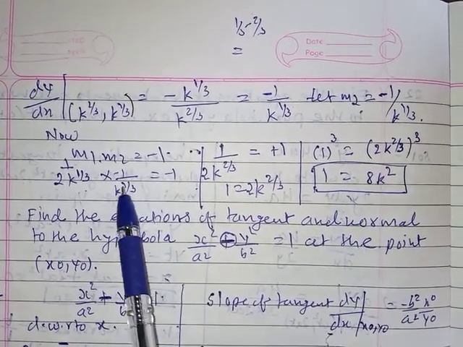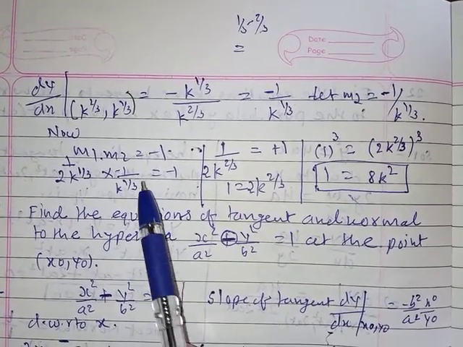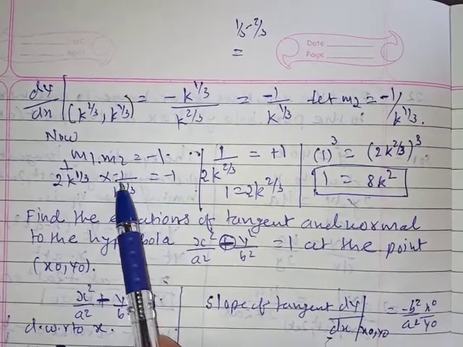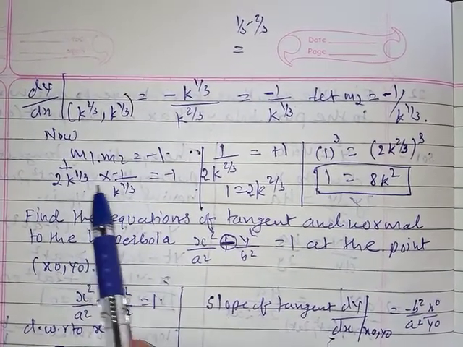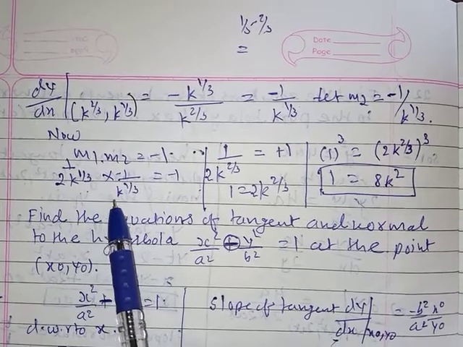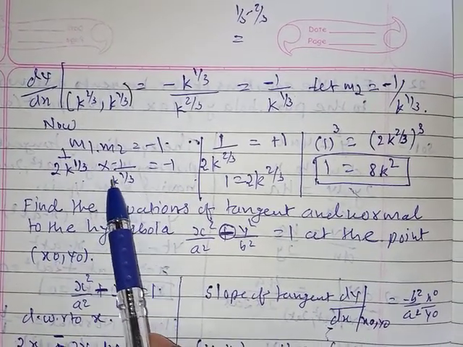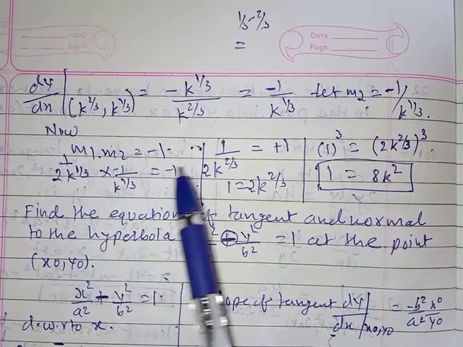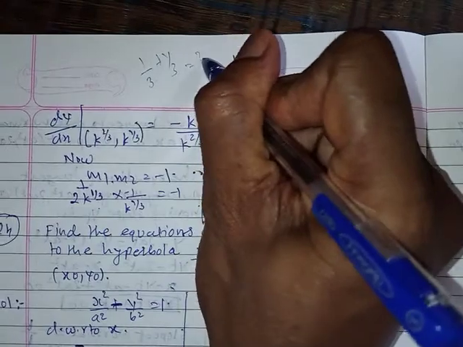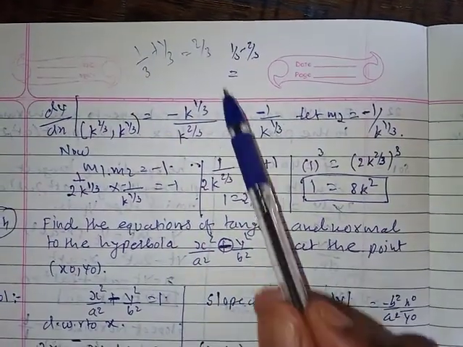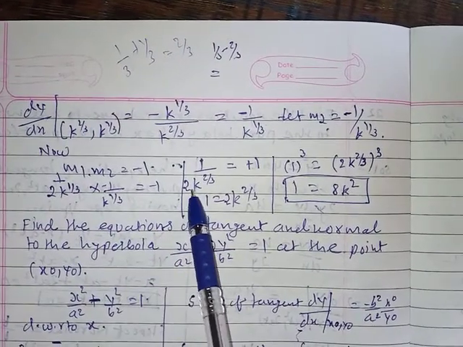If you multiply here, what do you get? This is minus and minus, so it goes to that side and becomes plus, and this will be multiplied. Then k^(1/3) times k^(1/3) is k^(2/3), so you will get 2 by 3.